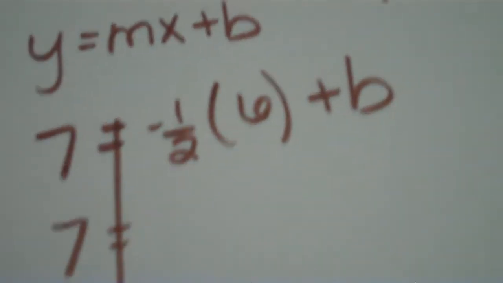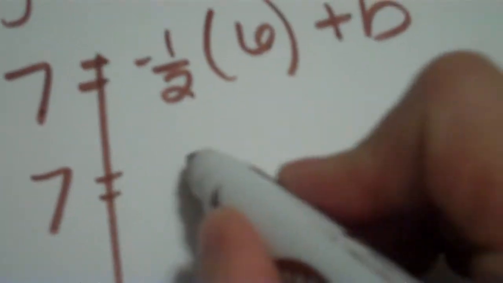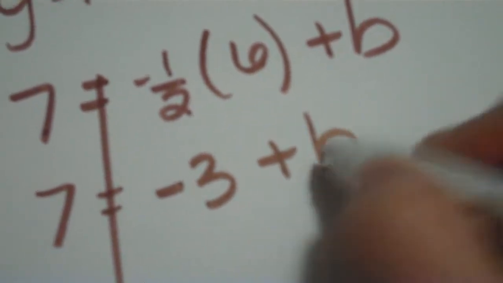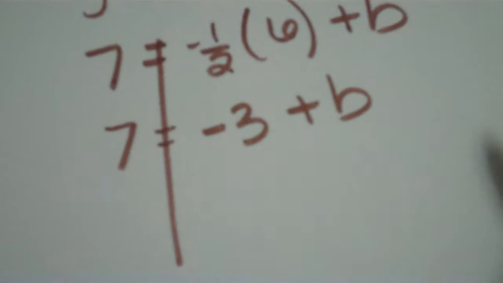Okay? I draw my line. I rewrite my 7. Now, either in your head or with a calculator, I don't have my calculator with me right now, but negative 1/2 times 6, if you did that in the calculator, you'd get negative 3, plus b. And then to get b alone, I need to get rid of negative 3. The opposite of a negative 3 is positive 3. So b is 7 plus 3, which is 10.